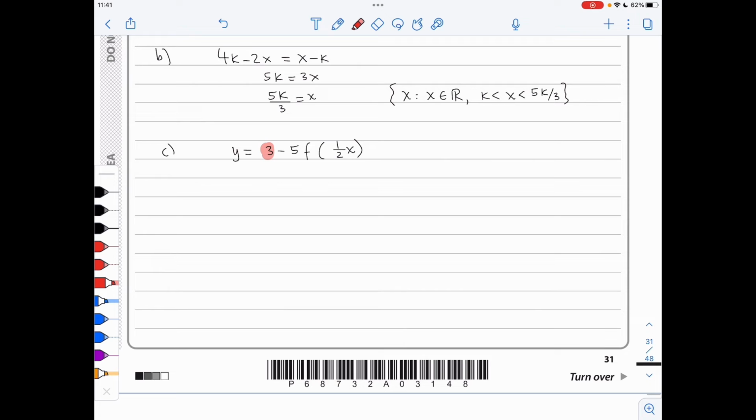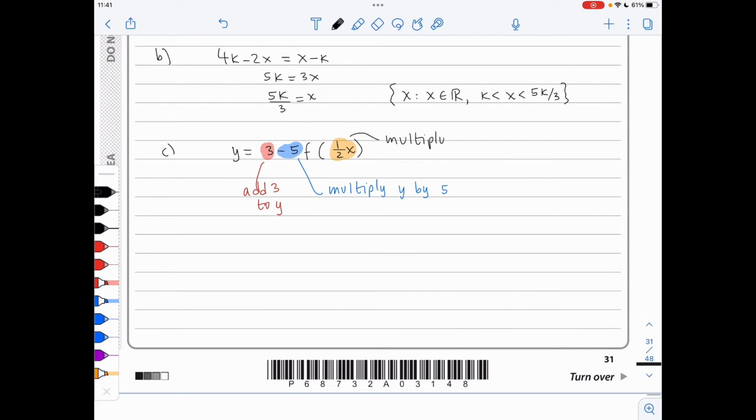The 3 means we add 3 to y. Then the negative 5 means I will multiply y by negative 5, and then a half within the bracket here means I will multiply x by 2.